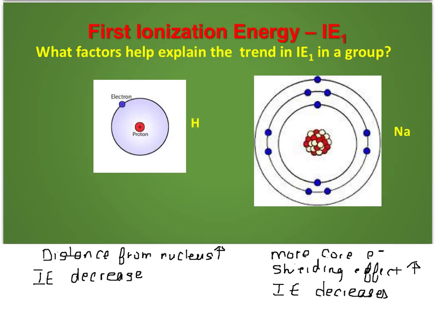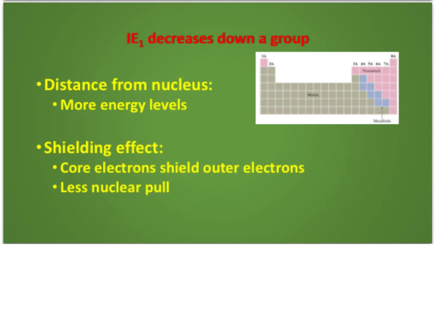Because remember, when shielding increases, there's less pull on the outermost electrons, because they are shielded by these electrons on the inside. The nuclear pull on this valence electron, or the most loosely held electron, decreases. So in summary, we can say that ionization energy decreases down a group.